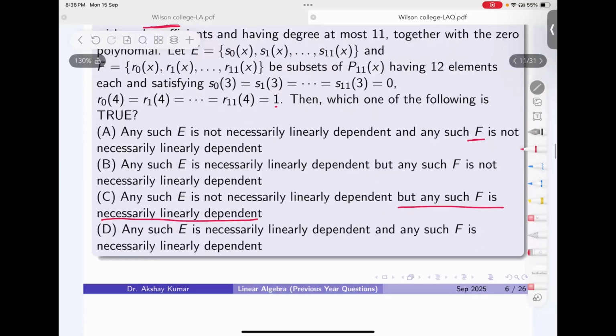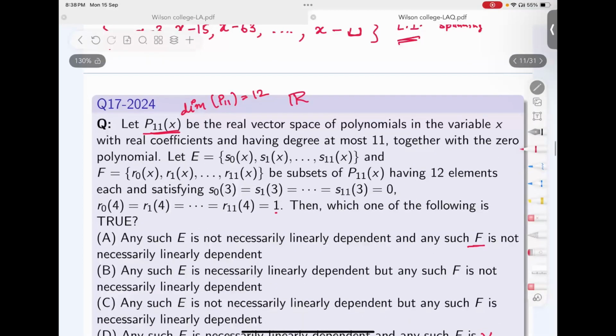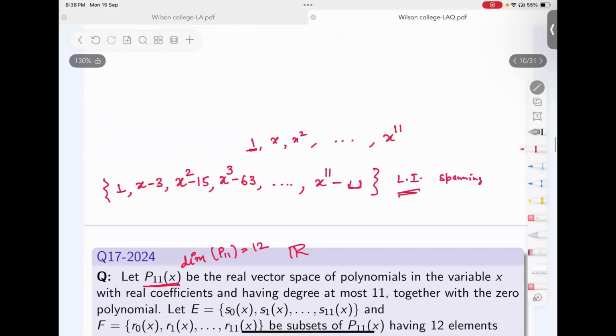What is this statement saying? Any such F is necessarily linearly dependent. So this is not true, so this statement is false. F may be linearly independent.